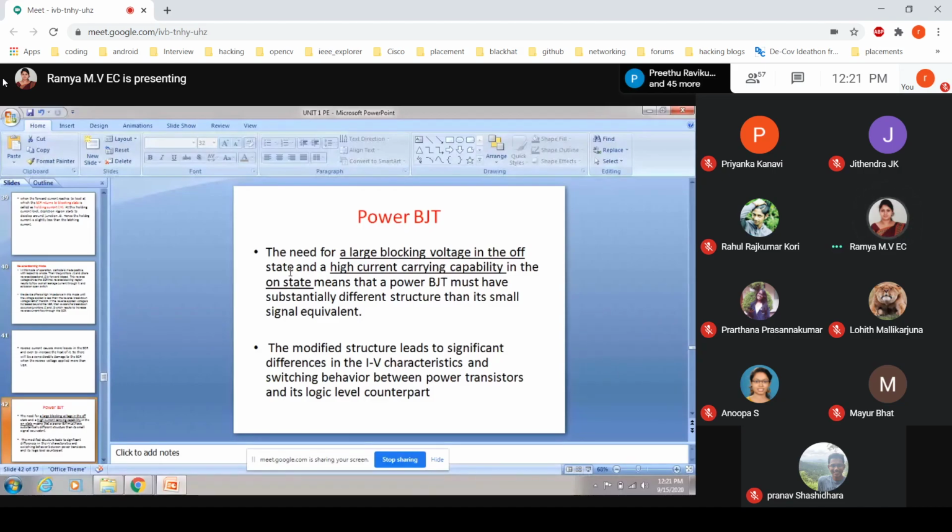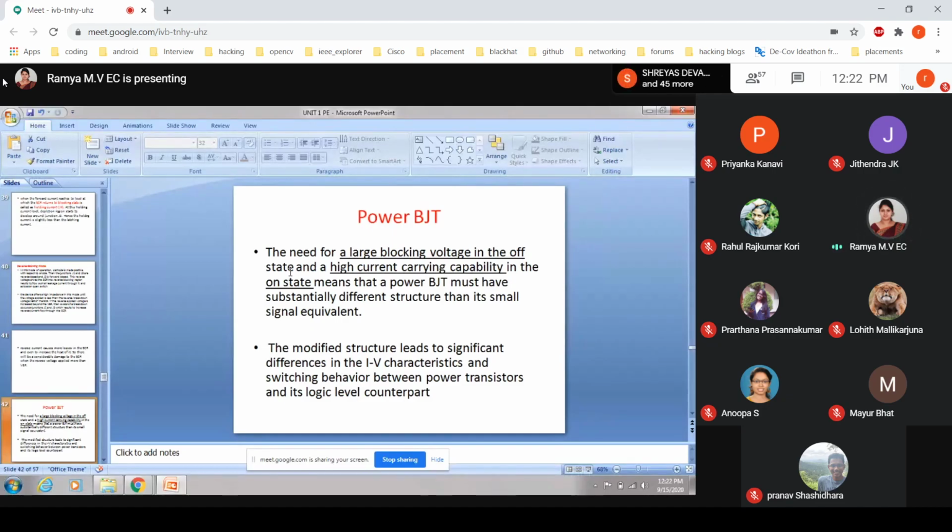In the saturation region, both junctions will be forward biased. In the active region, one junction will be forward biased and the other reverse biased. I guess you know all these basic things related to BJTs.